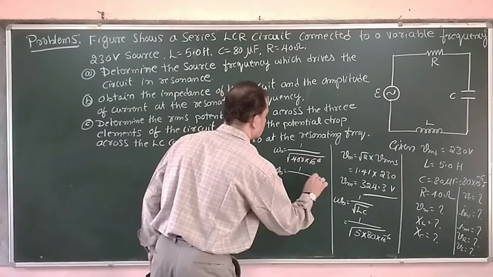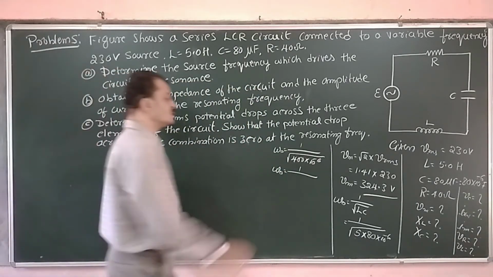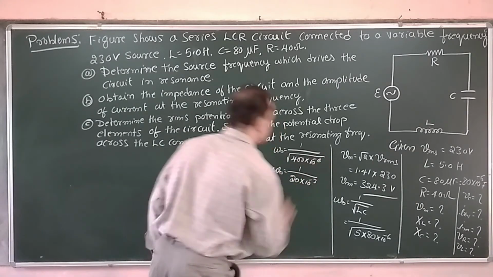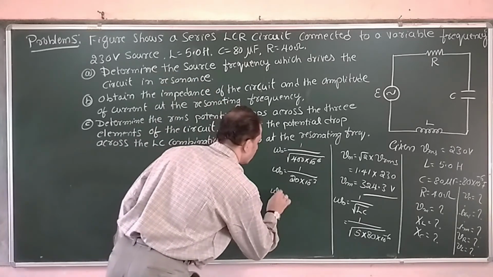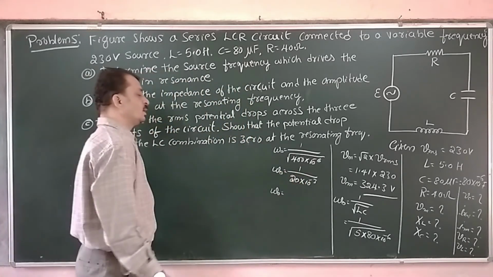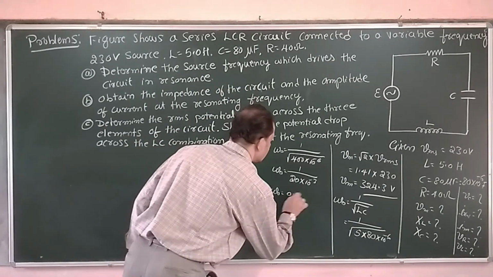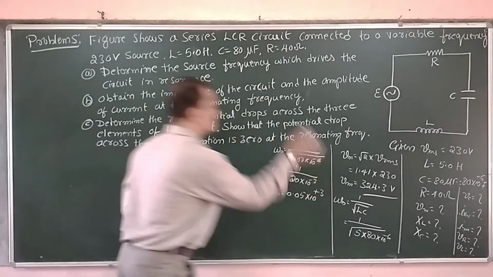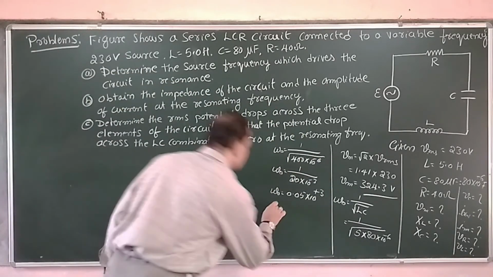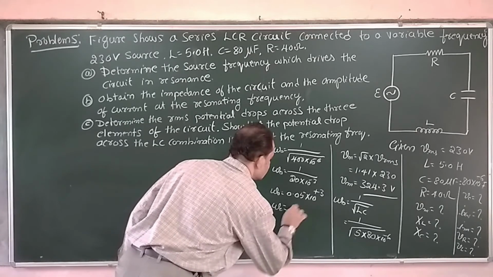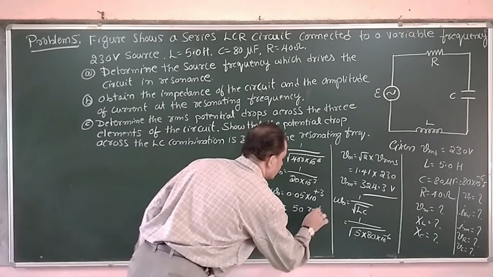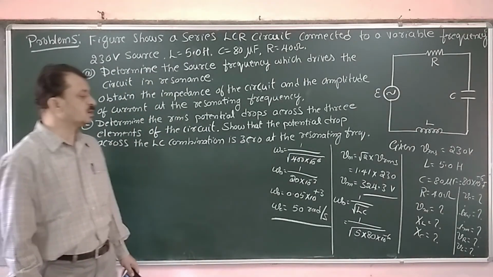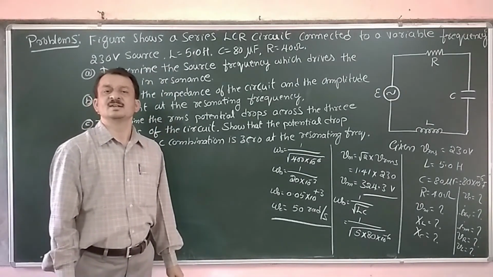Therefore, omega naught is equal to 1 upon square root of 400 is 20 into 10 to the power of minus 3. Therefore, omega naught is equal to 1 by 20 is 0.05 into 10 to the power of minus 3, numerator becomes plus 3, or the resonance frequency is 50 radian per second. The angular resonance frequency we got is 50 radians per second.